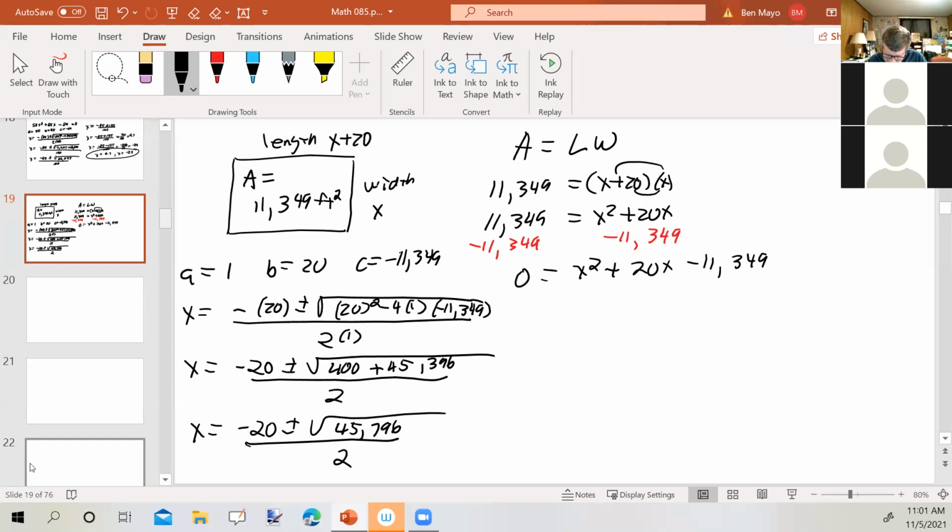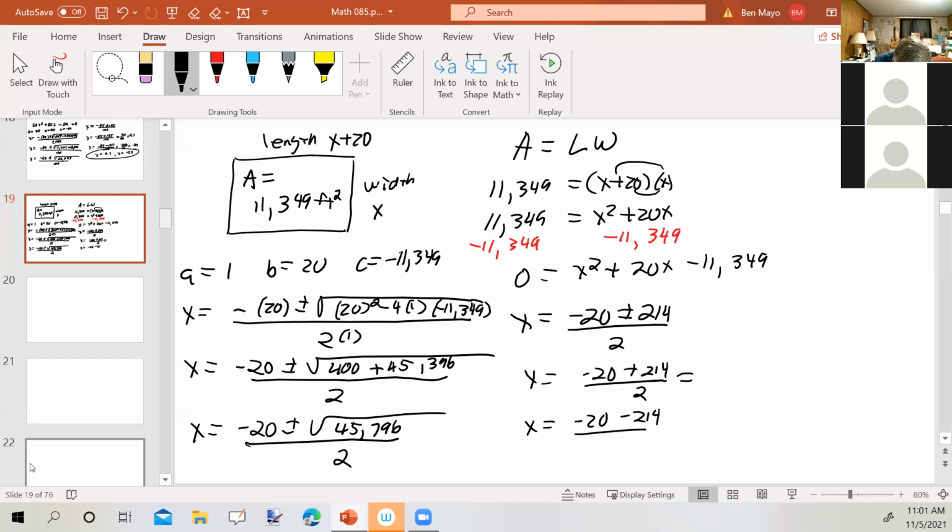Let's see if 45,796 is a perfect square. The square root of it is 214. So x is negative 20 plus or minus 214 over 2. So x is negative 20 plus 214 all over 2, or x is negative 20 minus 214 all over 2.